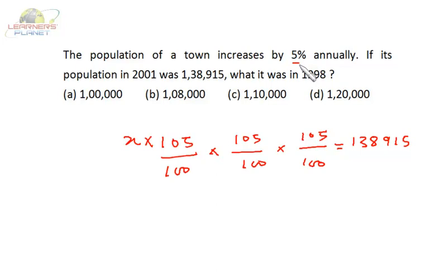Since it will not be exactly 15%. Why? Because every year the population is increased on the base of the previous year. So in the first year the population is 105, and in the second year the population will be increased on this factor 105. So the increase will be a bit more than 15%, or we can assume it to be 16%.